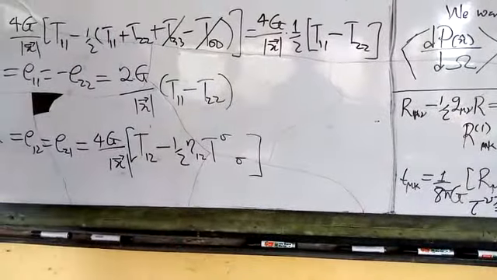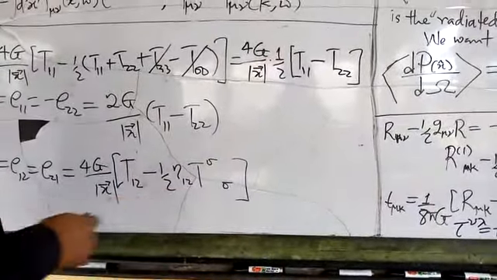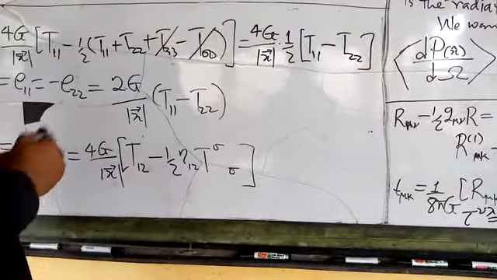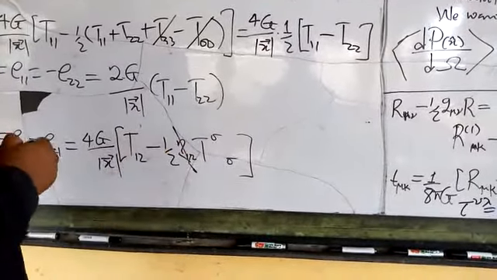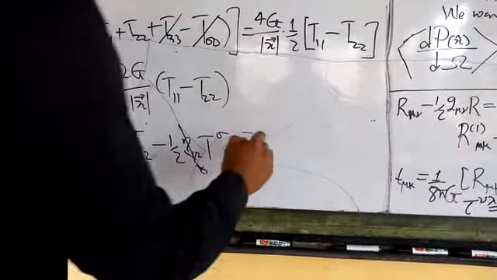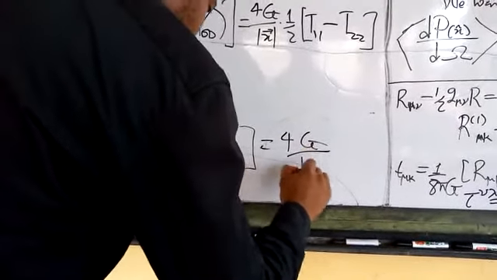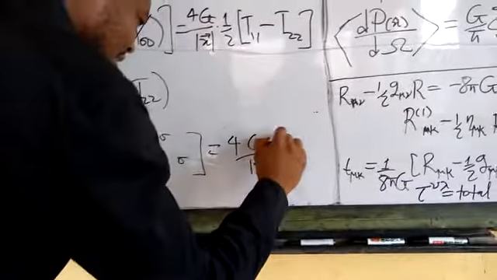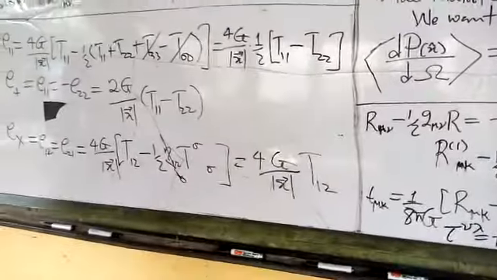We are spared the calculation of the second term because, given that this is a diagonal metric, this part is going to be 0, as you can see, because that is 0. And so all we are left with is simply 4G all over modulus of X, T12. And that is the cross polarization.